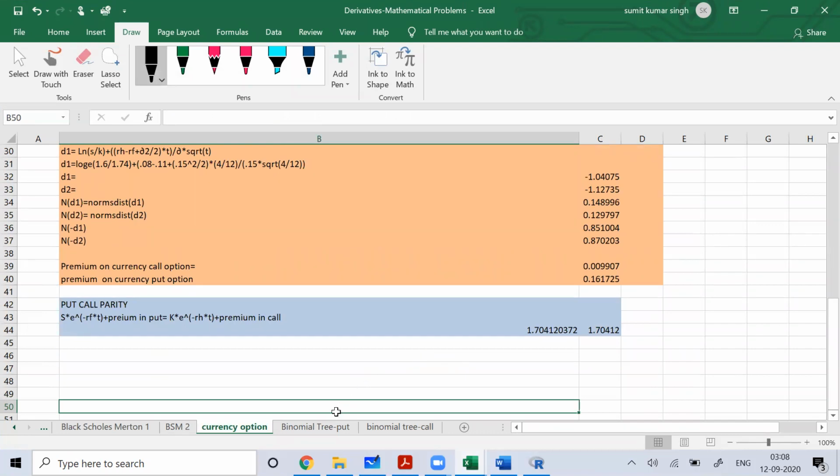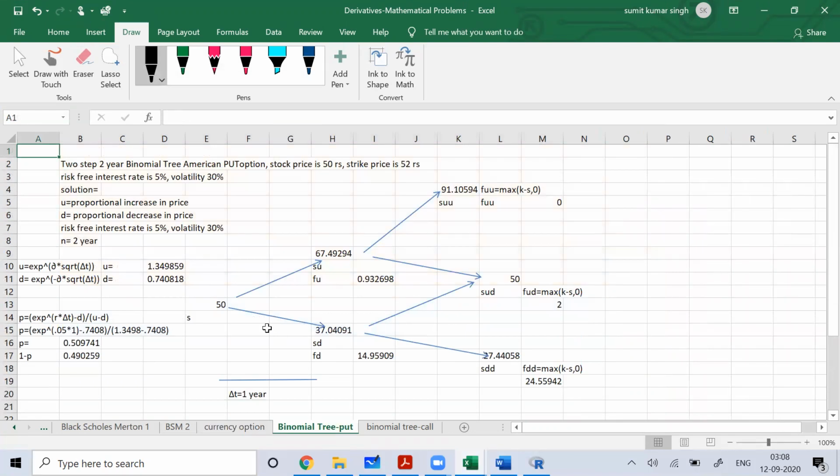Okay, then we have the binomial tree model. We can use the binomial tree model also to do the same homework. Basically, whenever we talk about the binomial tree model, it works on the risk neutral approach.